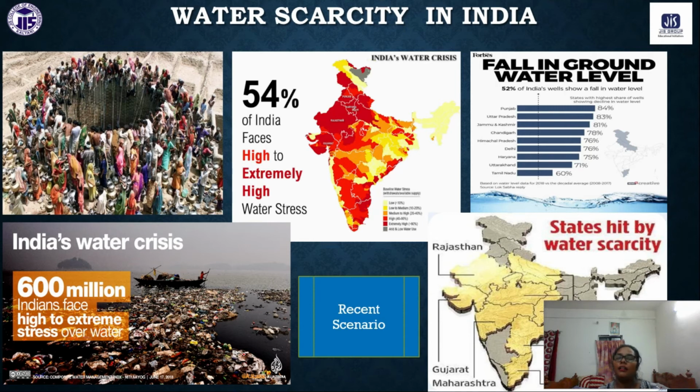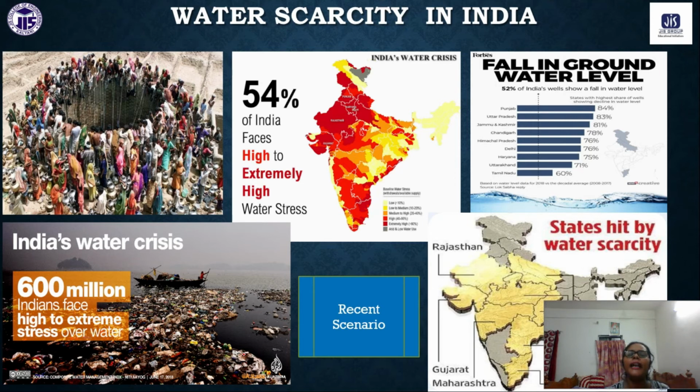Suspended solids are like dust particles and soil particles. Radioactive elements like uranium, radium, thorium and plutonium are discharged from nuclear power plants, and when they discharge into water, that is called radioactive pollutant.